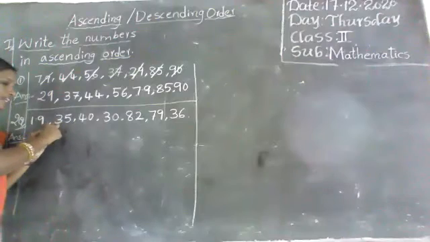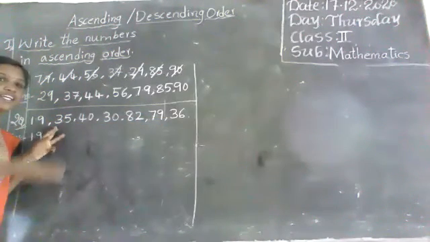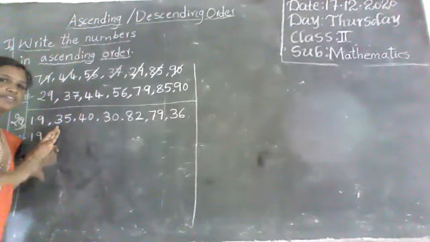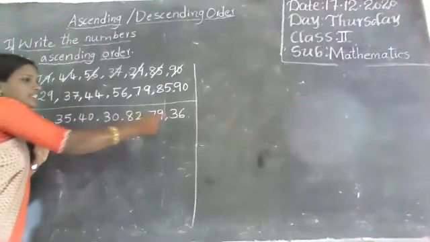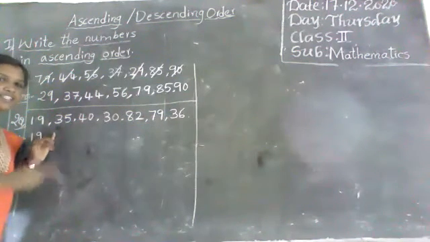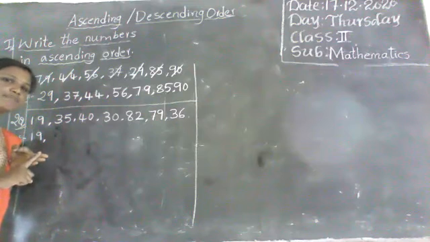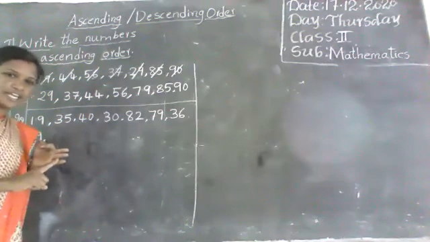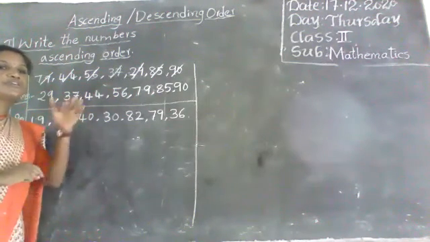But in 35, 30, 36, these three numbers have 3 tens. Their tens places are the same. Listen carefully, children. Tens places are same, so now we have to go to the ones place.